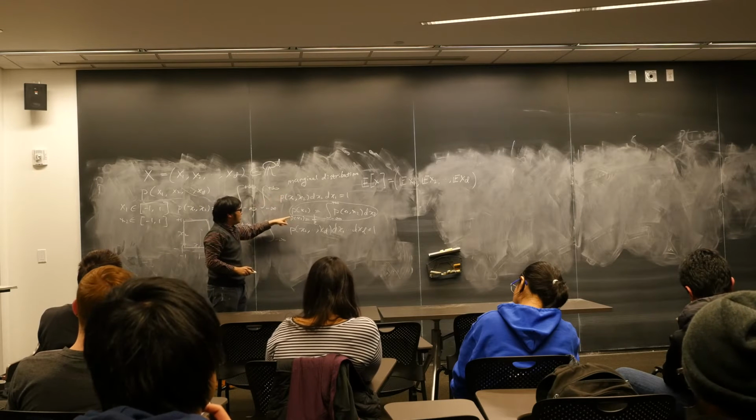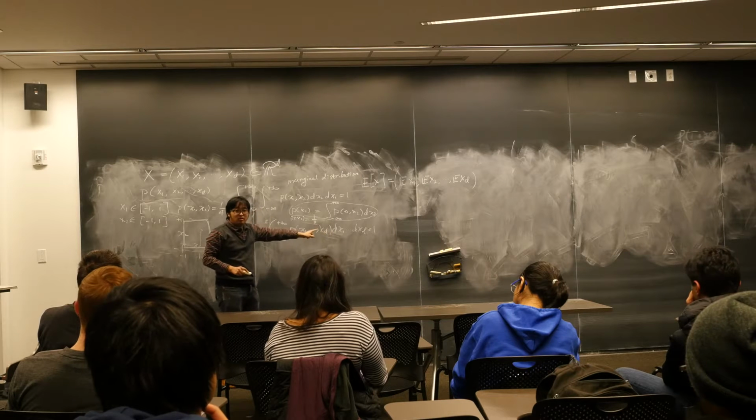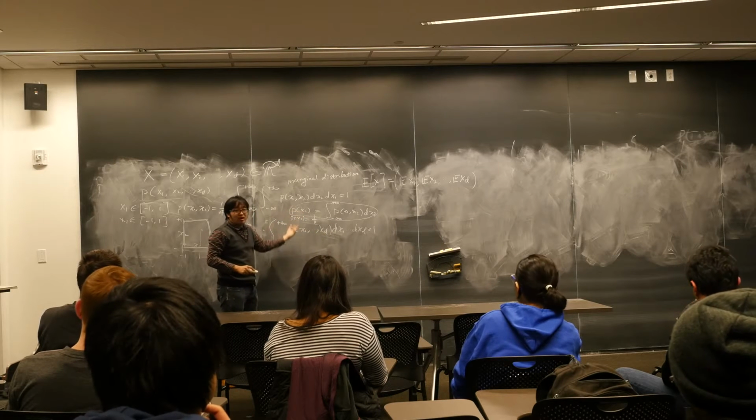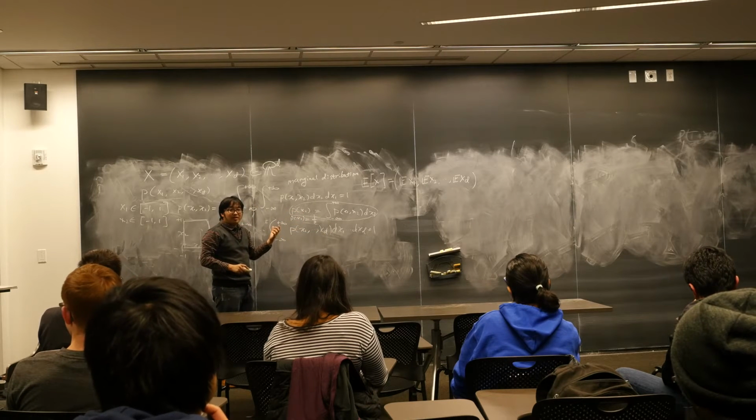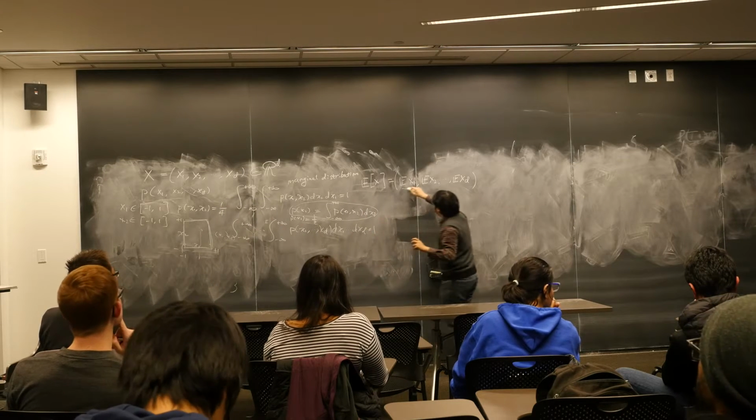That will be defined in this way. You integrate out all irrelevant variables to get a distribution of the variables you are interested in. So is this clear?